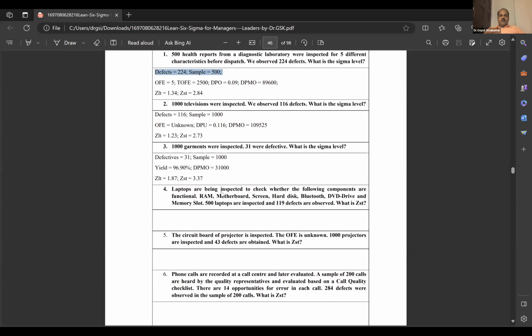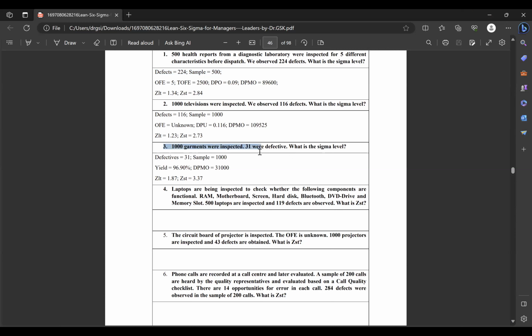Which situation will you go to? Situation 1, 2, or 3? Situation 2. They are talking about defects, but opportunity for defect is not given. So go to situation 2, fill up, and then get the details. Now, third question. 1000 garments were inspected. 31 were defective. What is the sigma level?